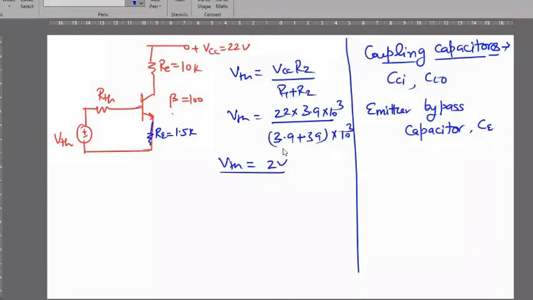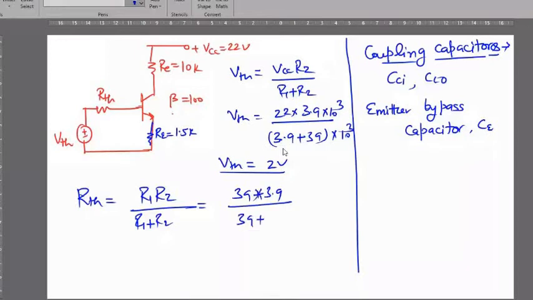It will be R1 R2 upon R1 plus R2, that is 39 multiplied by 3.9 upon 39 plus 3.9 into 10 raised to the power 3 ohm. And RTH you can calculate from here. It will be 3.55 kilo ohm.